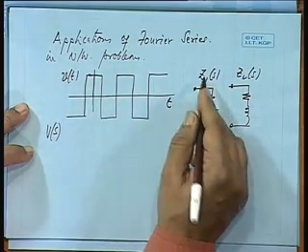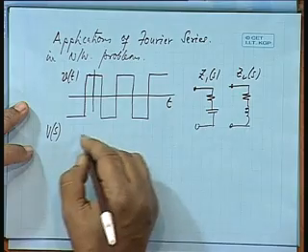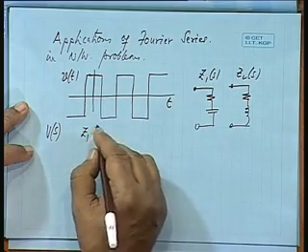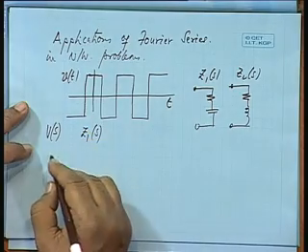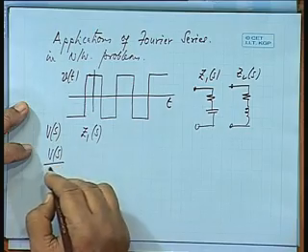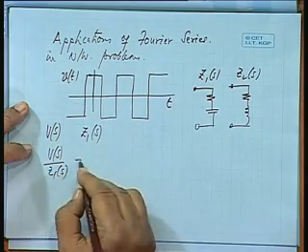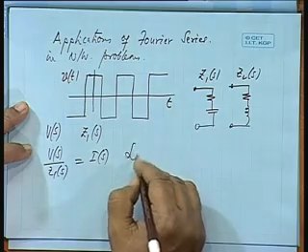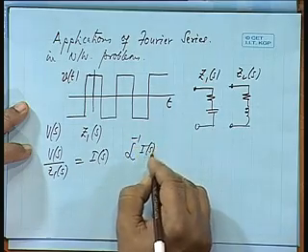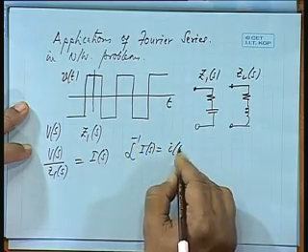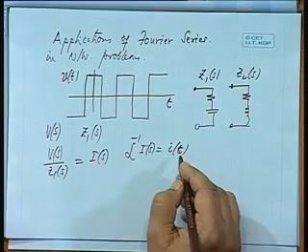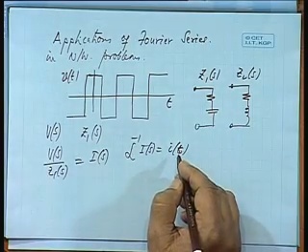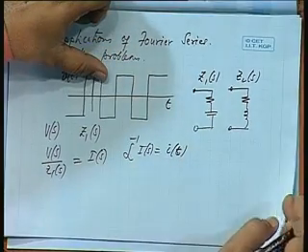Now, one way of solving this is calculate Vs, that is the Laplace transform of this, calculate the impedance in the S domain, that is Z1(s) or Z2(s), then Vs by Zs will give me corresponding Is, take Laplace inverse of Is, that will give you I(t).